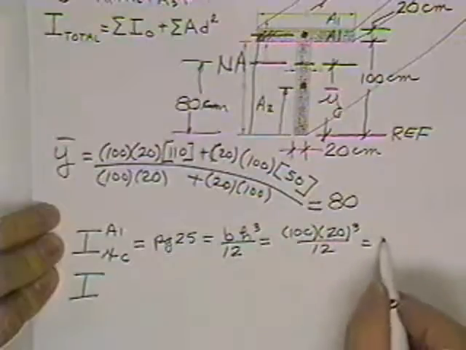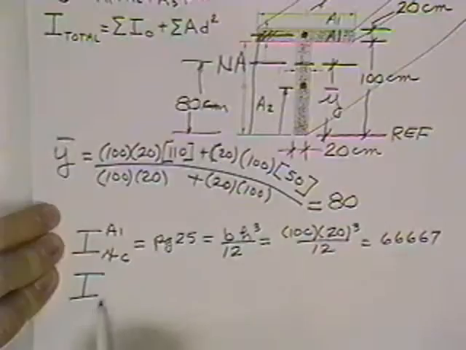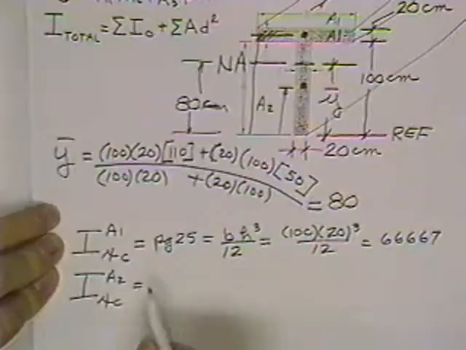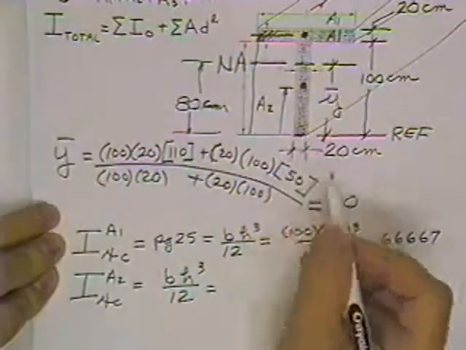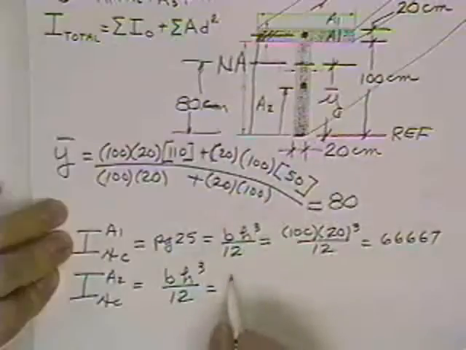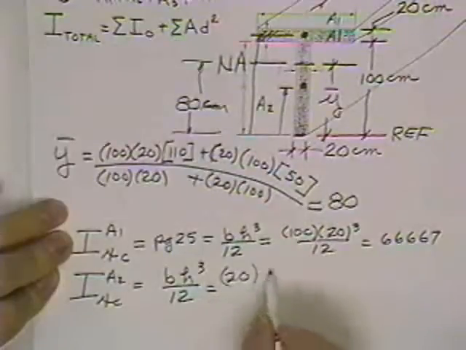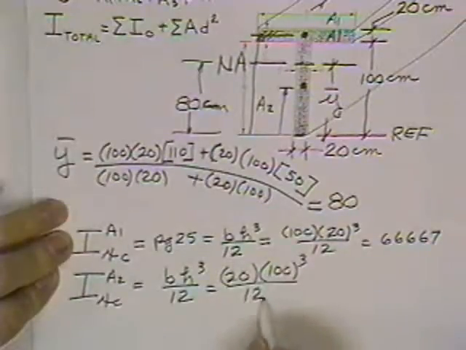Got a number on that one? 66,667. Alright. Now there is a moment of inertia of area 2 just because it's there. It is also a rectangle, so it will be bh cubed over 12. Its base, and incidentally the base is the horizontal dimension, is 20 centimeters times its height, which is 100 centimeters, cubed divided by 12.